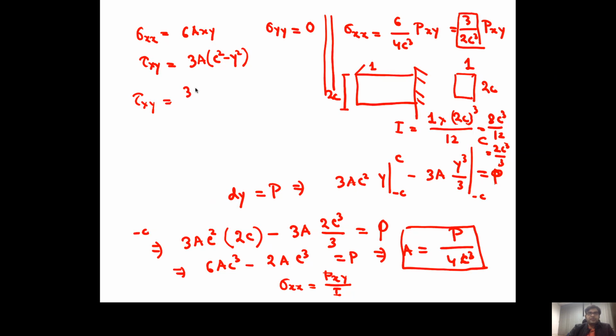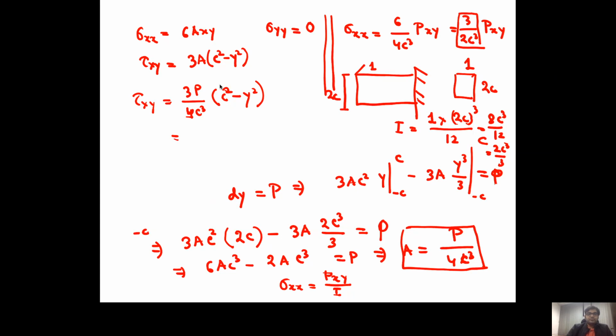So this becomes 3P by 4c cube times (c square minus y square), right?